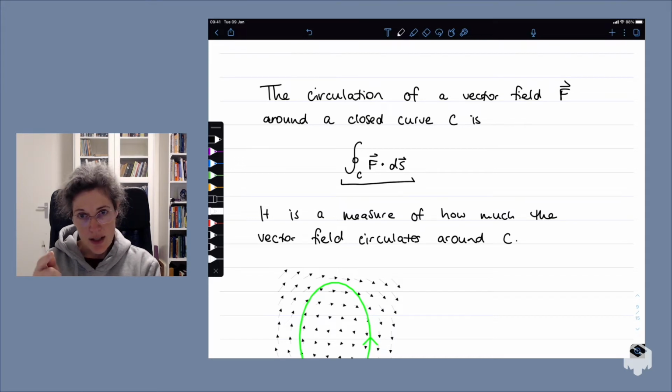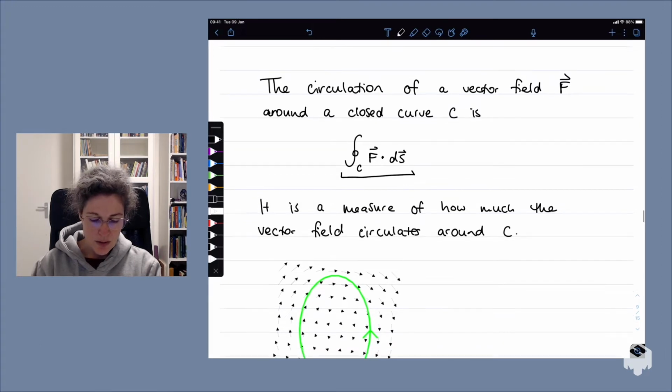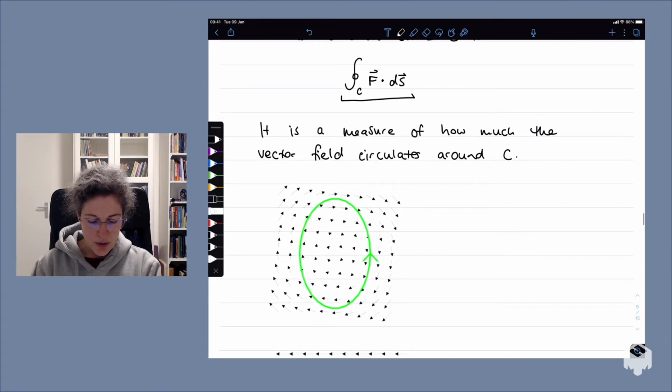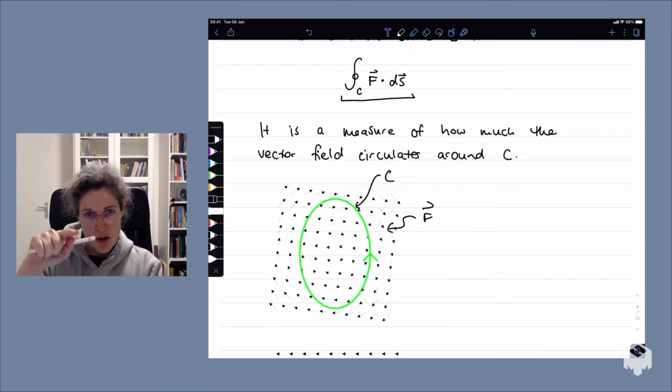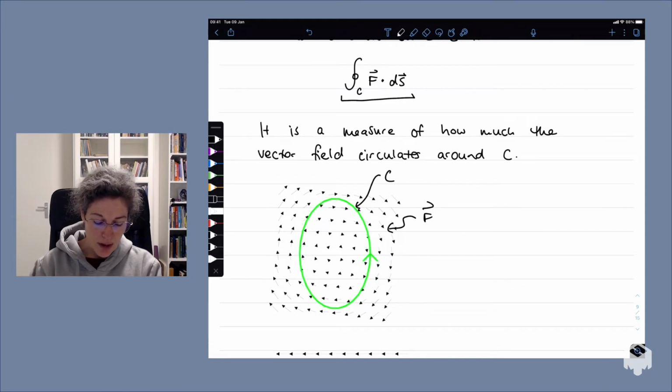It is the line integral of our vector field around our closed curve. So if here is our curve C, and here's our vector field F, it's a measure of how much of that vector field curves around that curve.